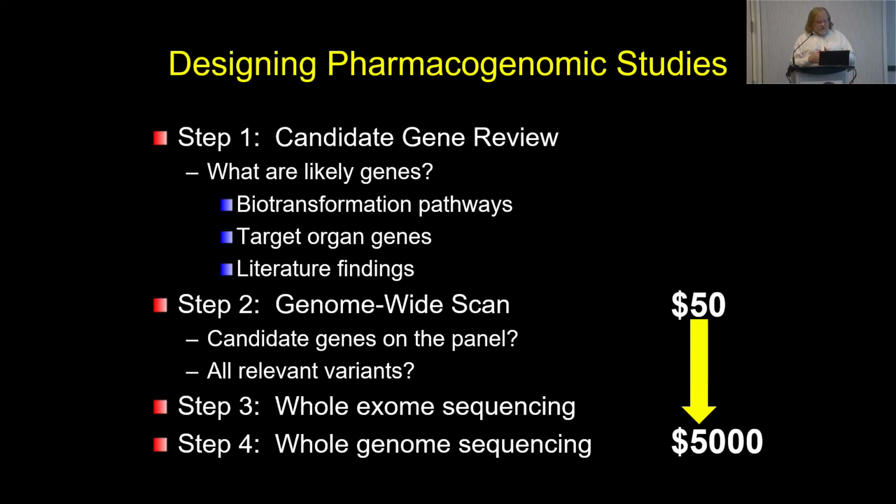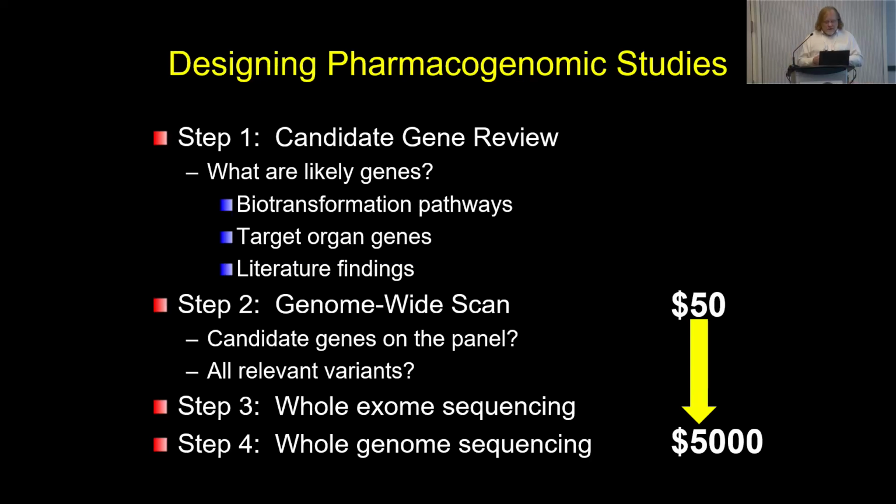We can always do whole exomes, or actually we don't call it whole exomes anymore, we call it exome sequencing because it's not really the whole exome, or we could do whole genome. And the reason that I avoid doing those things initially is cost. You can see the price goes from $50 all the way up to $5,000. I saw a slide today suggesting that whole genome was $500.